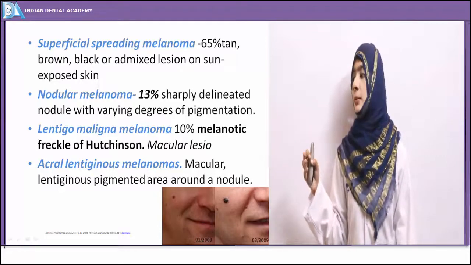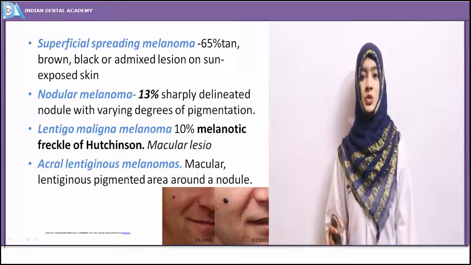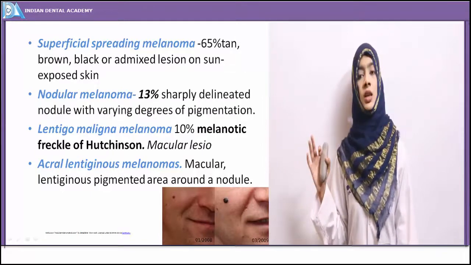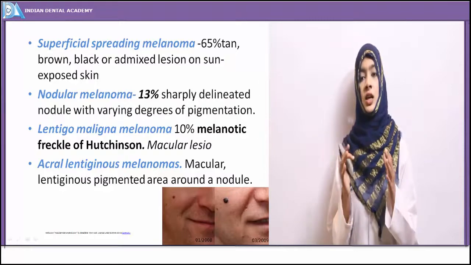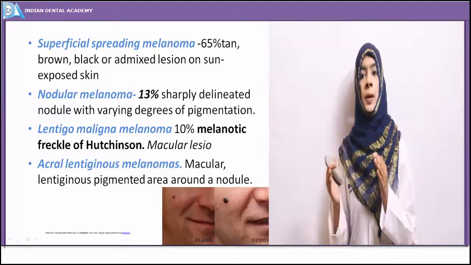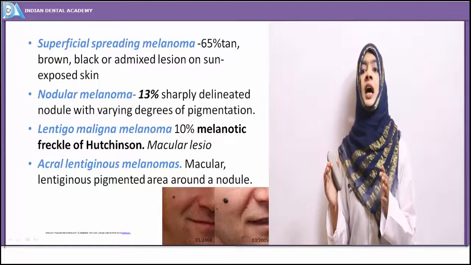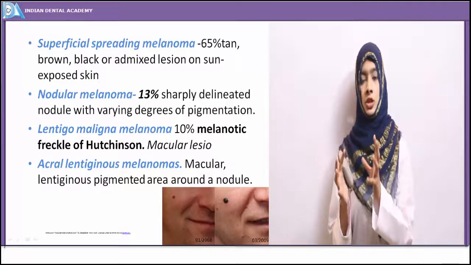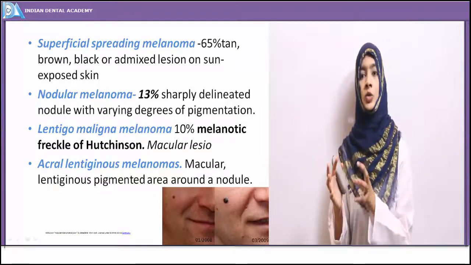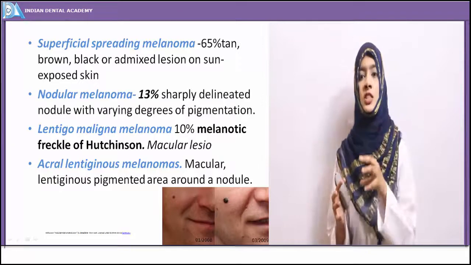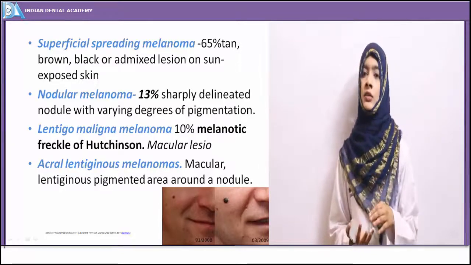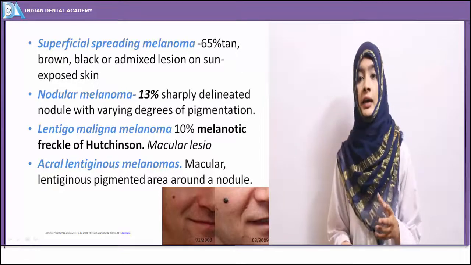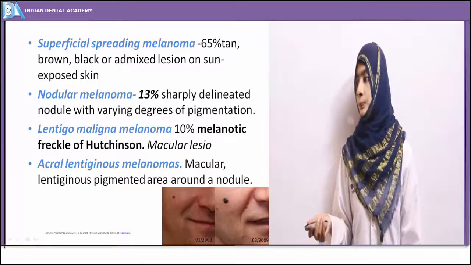The mole sometimes may have hairs extruding from the surface. The melanoma doesn't have that feature. It is just a few centimeters in size, shows a deep darkish brown color, and is fixed to the underlying periosteum, skin or connective tissue. It is not freely mobile.